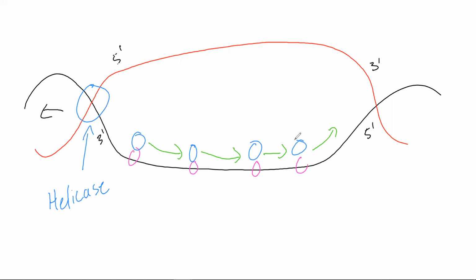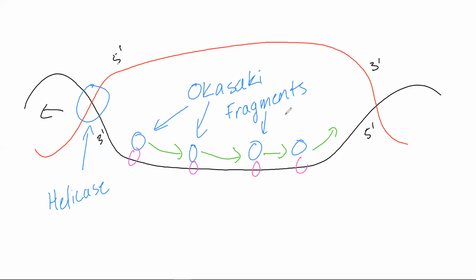We call those Okazaki fragments. These are the special little holes in the replicated DNA that we need to fix, right?